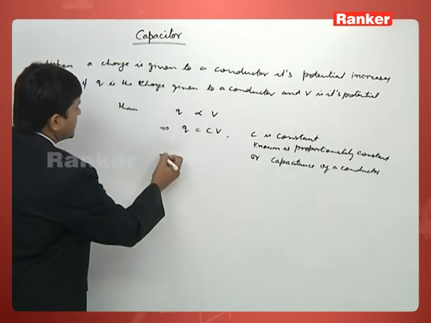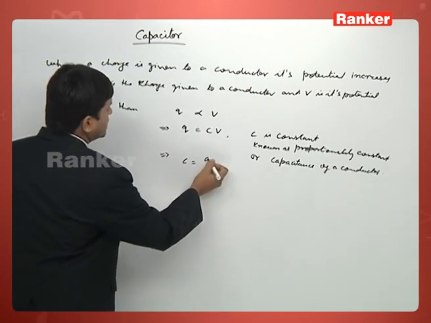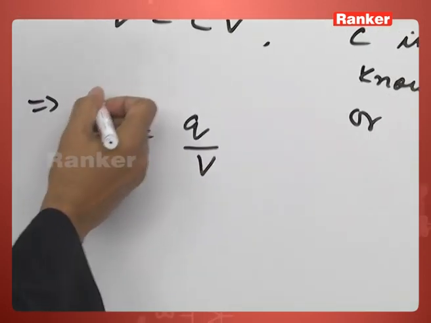So from here we can say C is equal to Q by V.